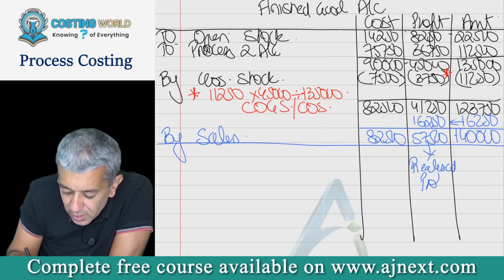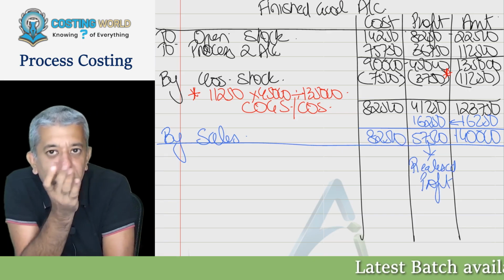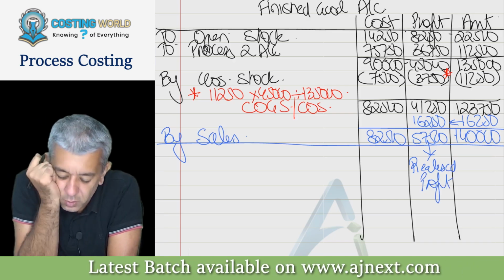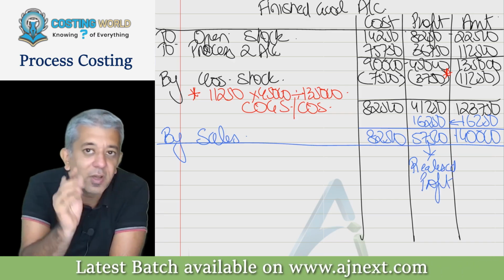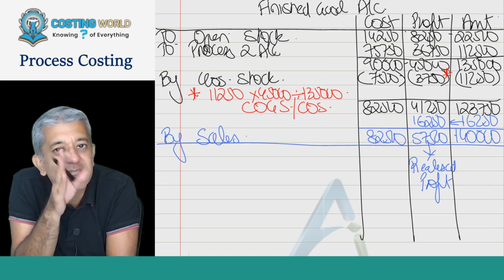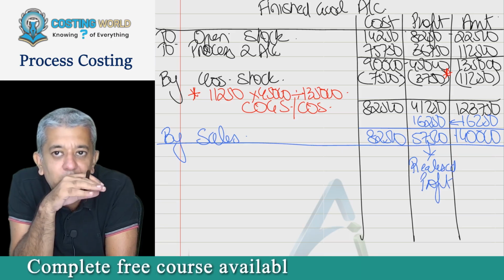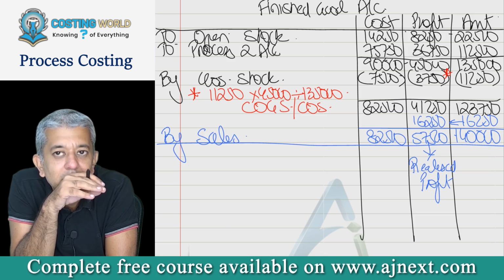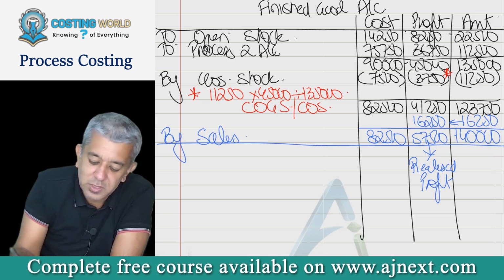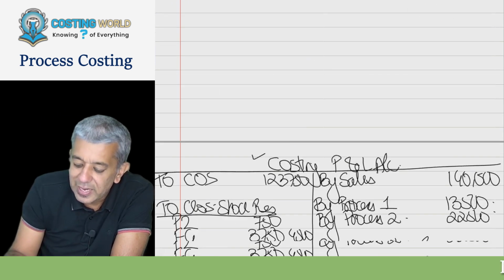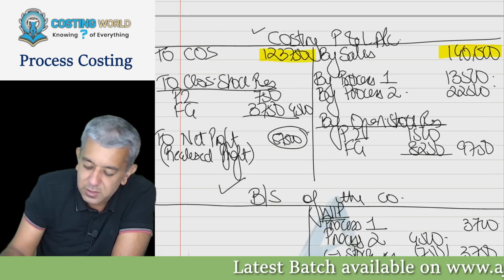If you start to think, you'll realize that whatever we have done in the profit column, exactly the same thing I've done in the costing P&L account. Think, no? 16,250 is represented by this minus this.